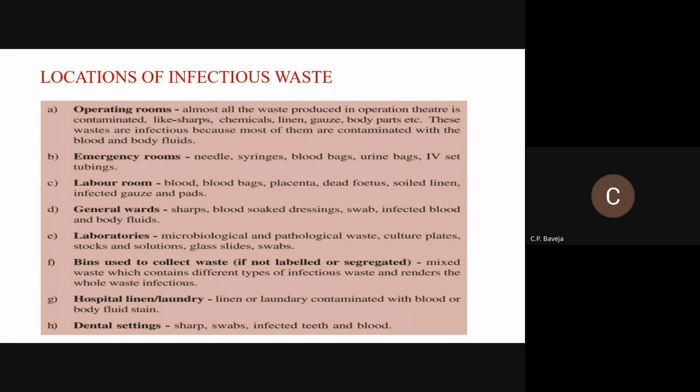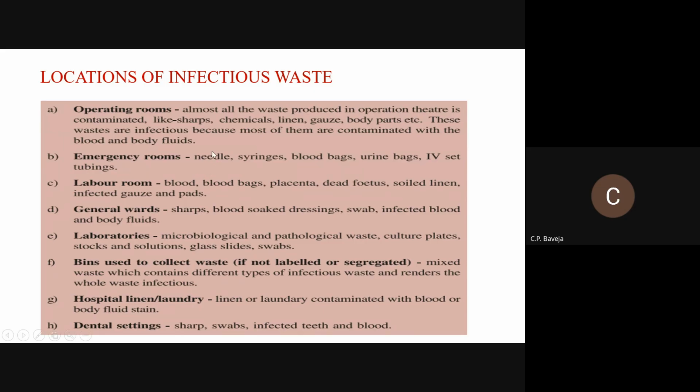Then what are the locations of infectious waste? You are working in a hospital, you just think of any area, you will find wherever some procedure is going on, you can get the infectious waste. Whether it is emergency rooms, labor room, operating rooms, operation theaters, general wards, laboratories.